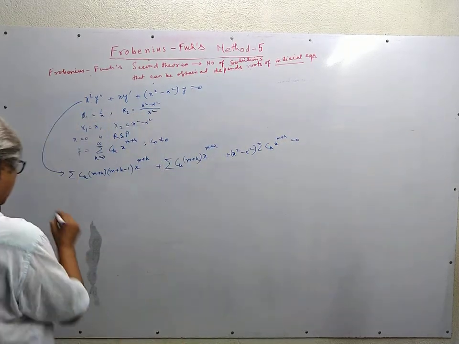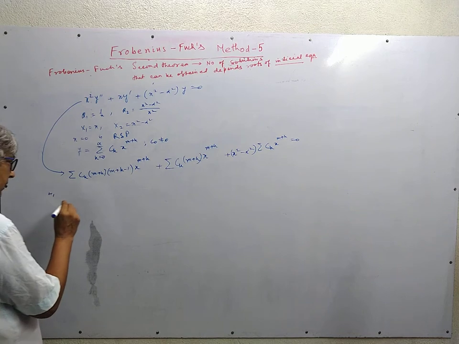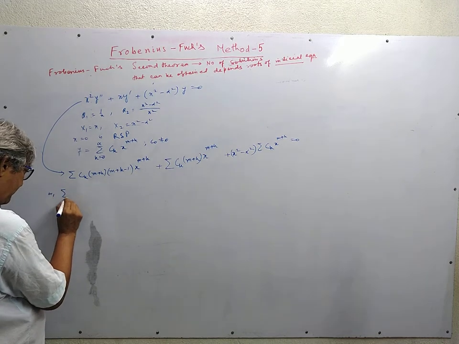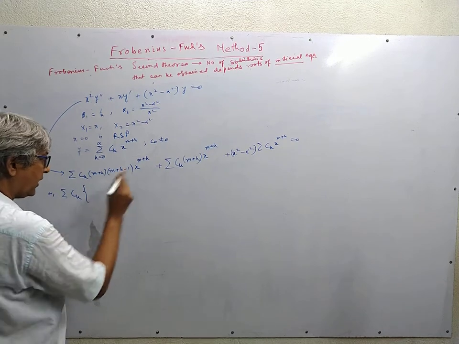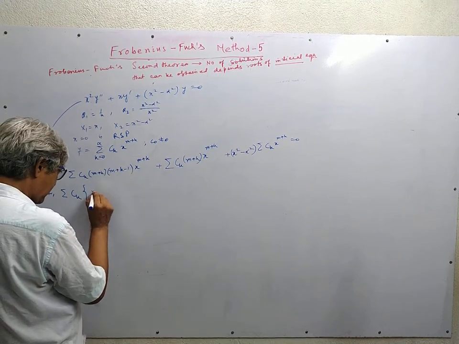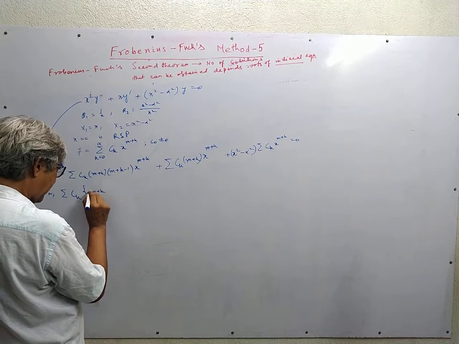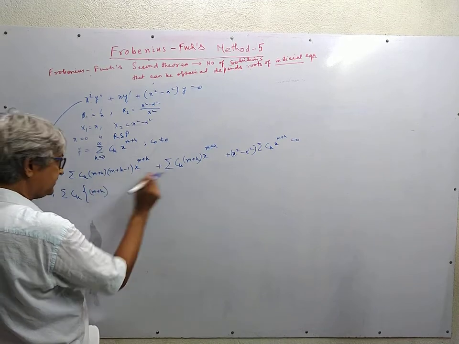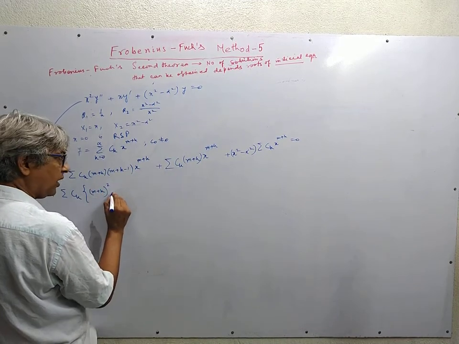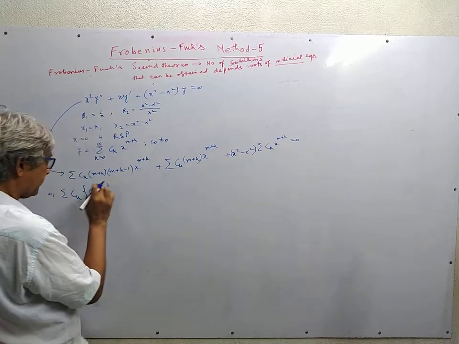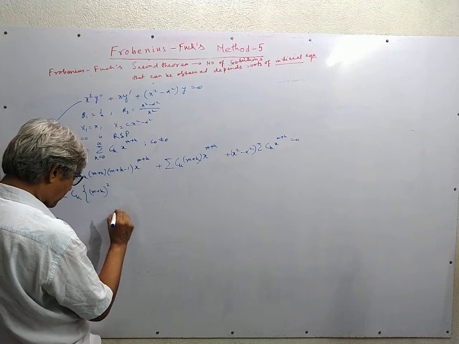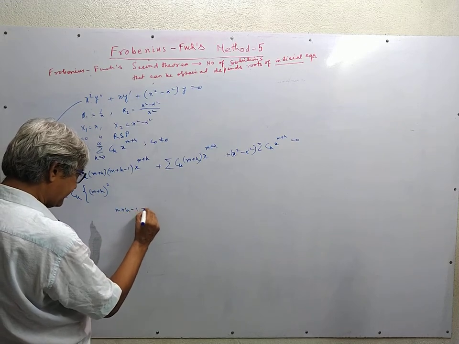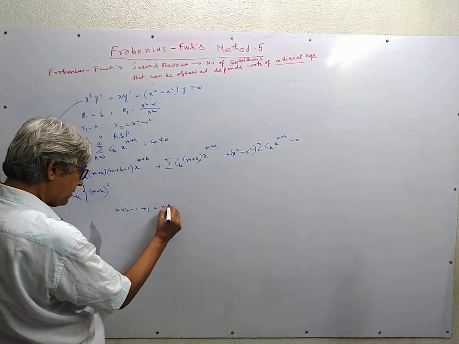So we first collect the coefficient of x to the power m plus k. So m plus k is taken common. If we take these two terms, this becomes alpha square, because once m plus k is taken common, it is m plus k minus 1 plus 1, which is m plus k.